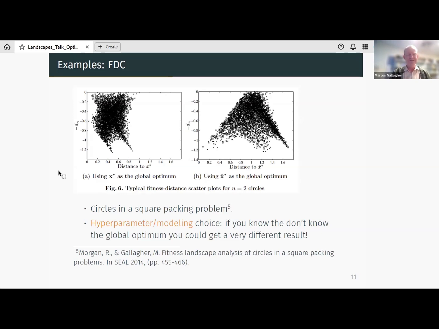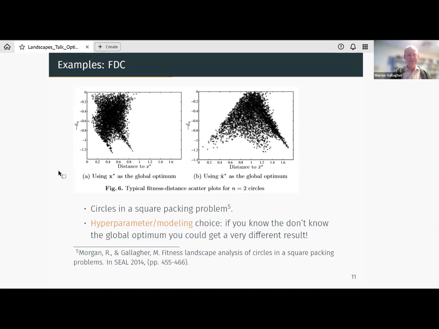Well, obviously you wouldn't know the global optimum in many interesting problems. So in this case, people have sometimes just said, all right, we'll take the best solution from our sample and use that as a proxy for the global optimum, which is obviously unlikely to be the same. Otherwise, you already found the global optimum.